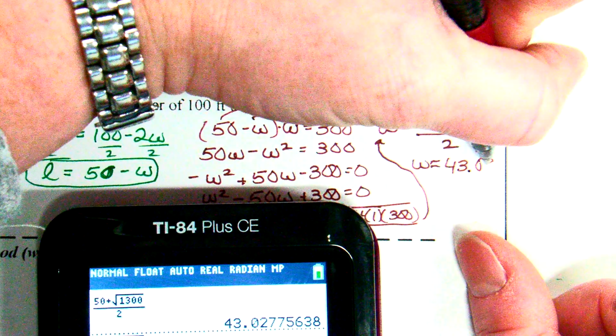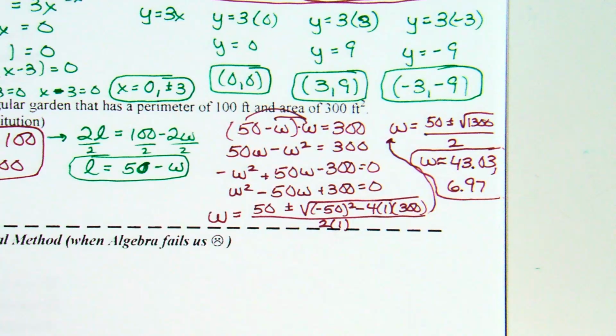I mean, we know they have to multiply to be 300. Could I use that idea? Or to take the number and subtract from 50. What did I just get? The other number? Okay, so obviously then if I do 50 minus my 43 number, I'm going to get my other number. So do we have two different sets of dimensions?